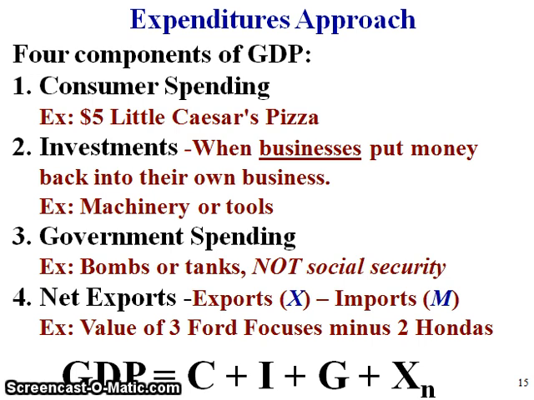So it's the dollar value of all goods sold minus the dollar value of all goods imported. The value of 3 Ford Focuses minus 2 Hondas, if those 2 Hondas were in fact constructed in Japan.